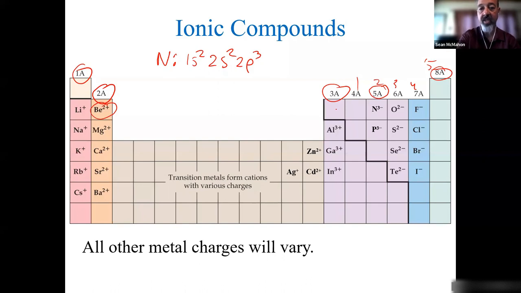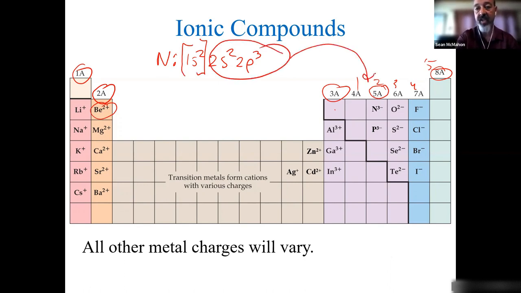Why 2p3? It's in the third position of the p block. So it has a choice. It could lose these 5 valence electrons, group 5A, or it can gain 1, 2, 3. What's easier? Gain 3. Gaining 3 electrons gives me a 3 negative.